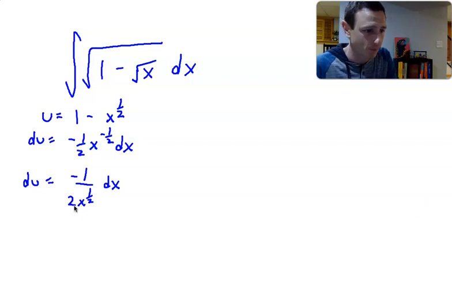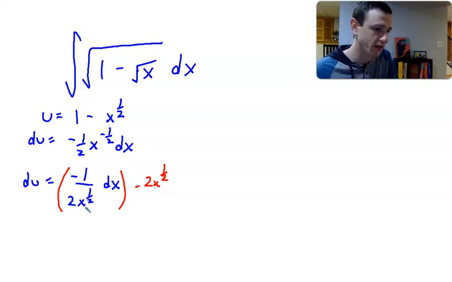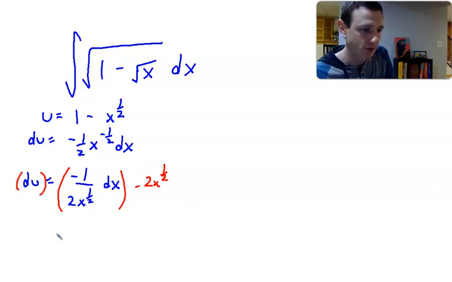So let's multiply both sides by negative 2x to the 1/2. I'm multiplying by negative because this is negative, by 2 because this 2 is in the denominator, and by x to the 1/2 because this is in the denominator. So I'm going to end up with negative 2x to the 1/2 equals dx.